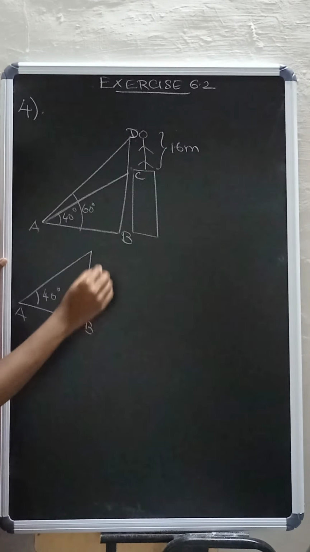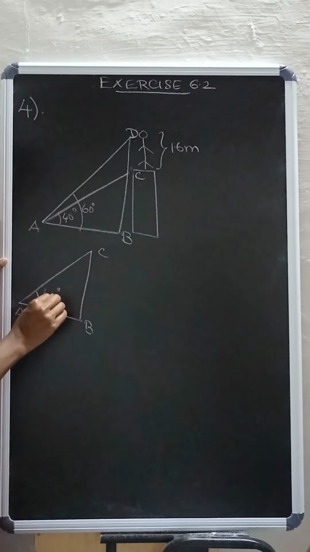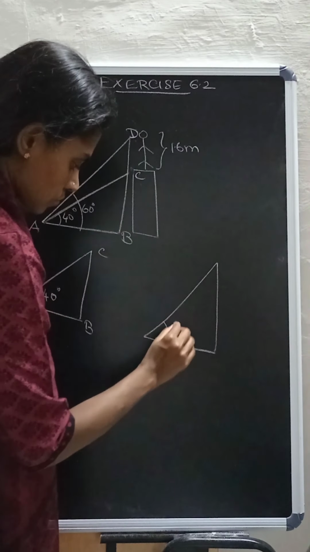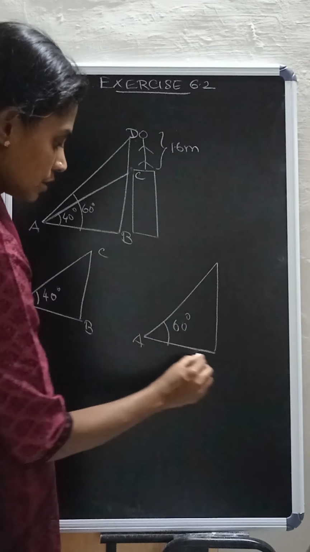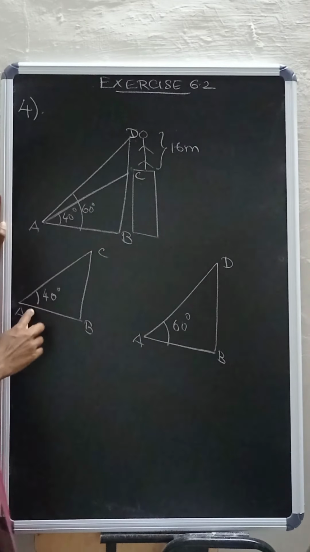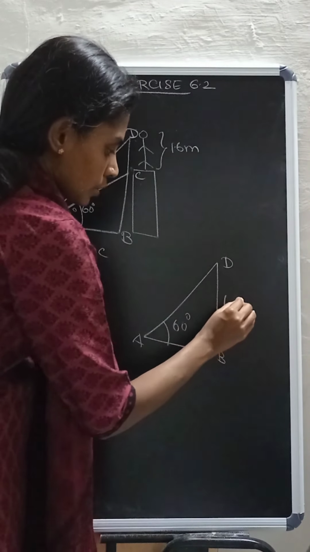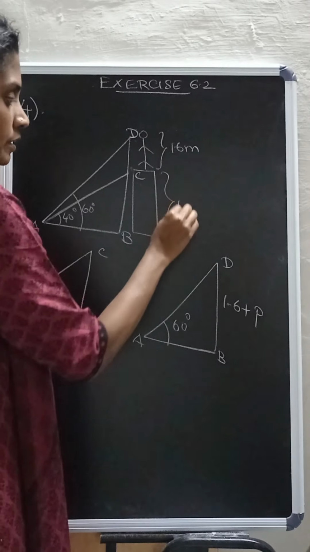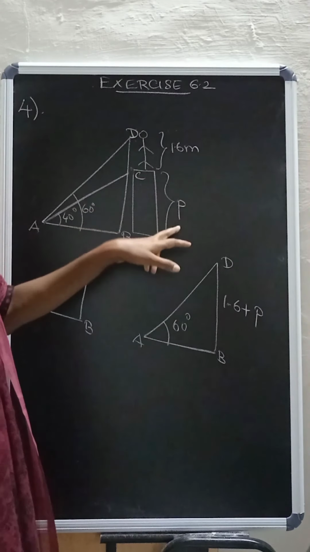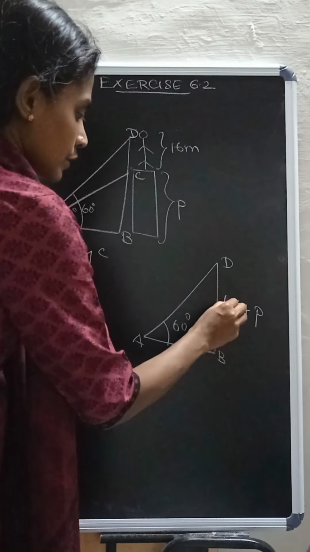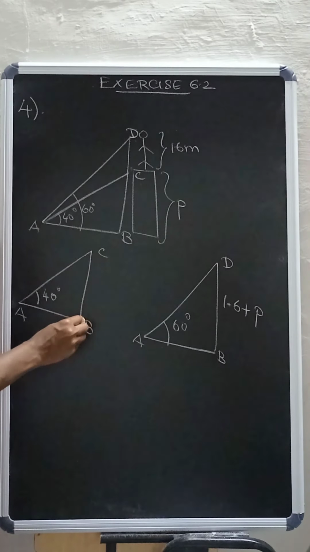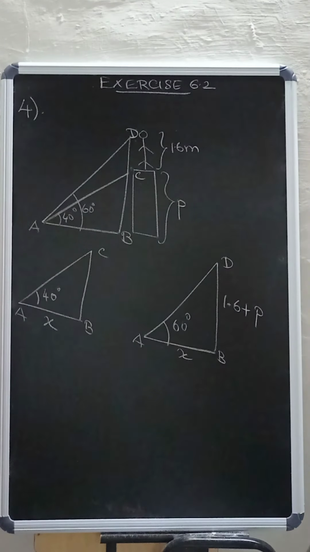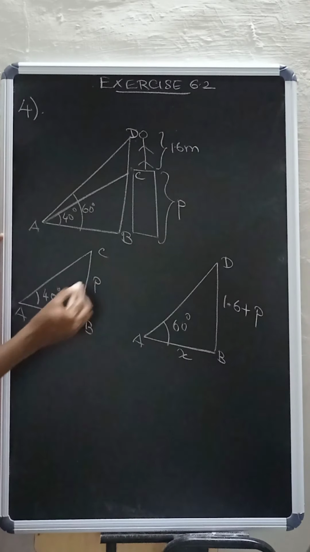A, B and C. A, B and D. Now we have here 1.6 plus, let the height of the pedestal be P. We will keep this length as P. So this is 1.6 plus P. We don't know this value also. Let this be X. Let this be X. This is P.